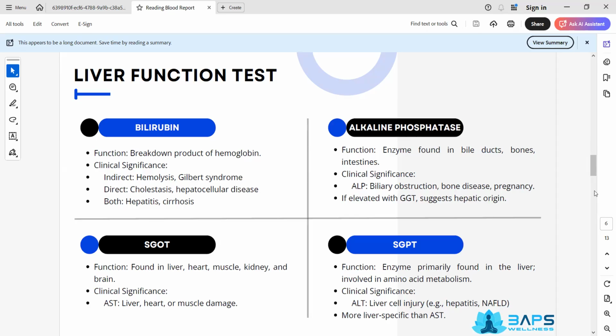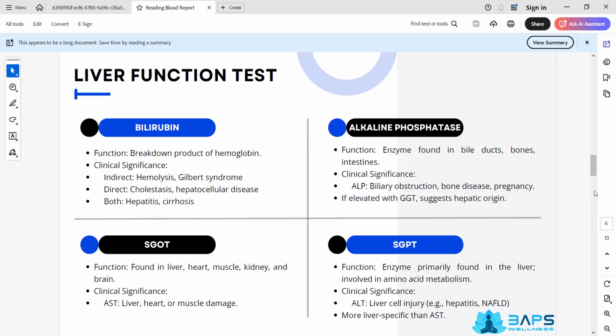There are two categories of bilirubin, one is direct, another one is indirect. If you see more of indirect, then you need to suspect mainly hemolysis. You need to check the spleen for any splenomegaly, so that premature hemolysis is happening. And in certain conditions like Gilbert syndrome also, you will have more indirect bilirubin.